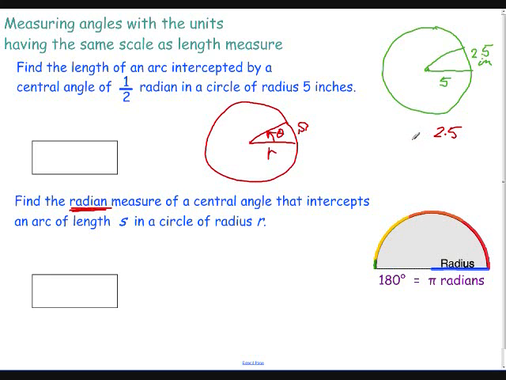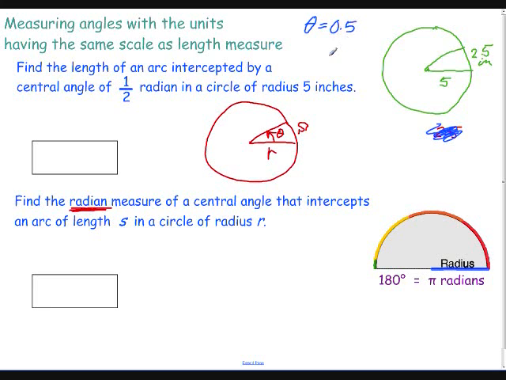and I found that because, let me see, my radian measure on this one, I should change colors. Whoops, that's fancy pen. Let's go to blue. Okay, my radian measure on this one was 0.5, right?